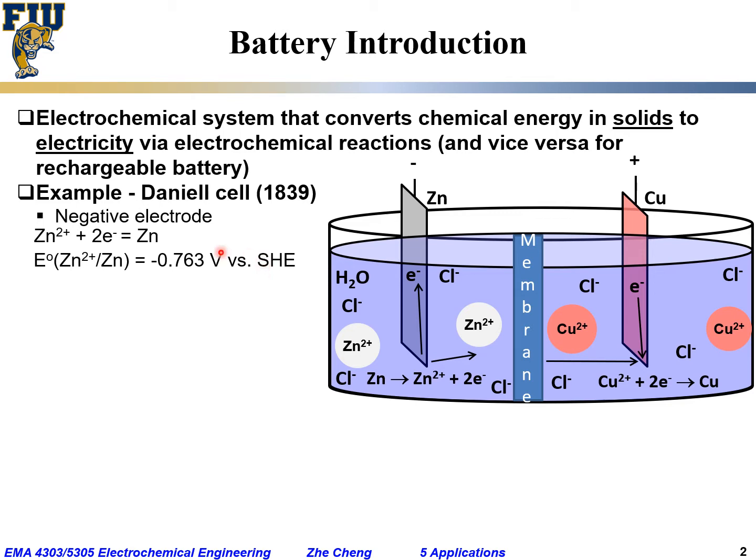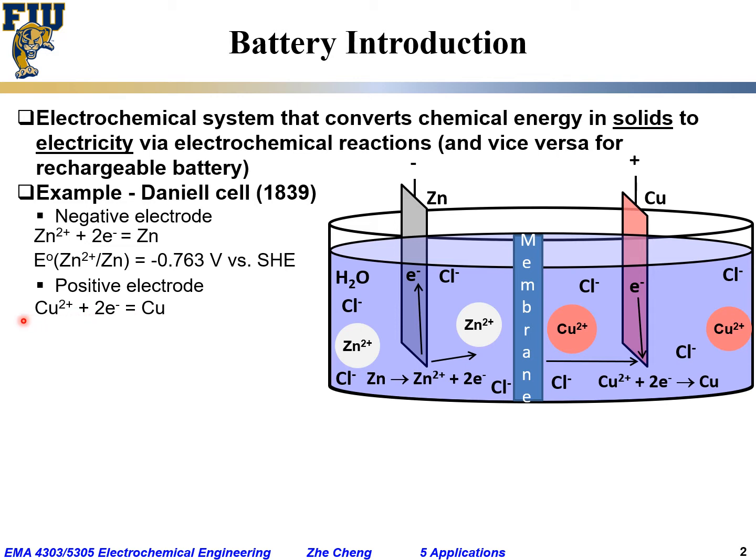That is our negative electrode, zinc 2 plus, this redox pair of this half cell reaction, and it's negative in this Daniell cell.